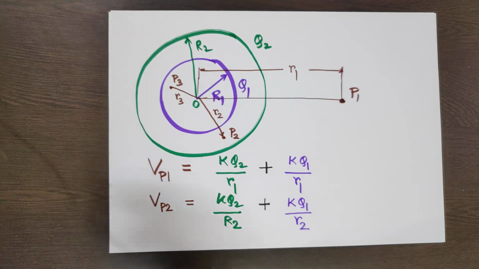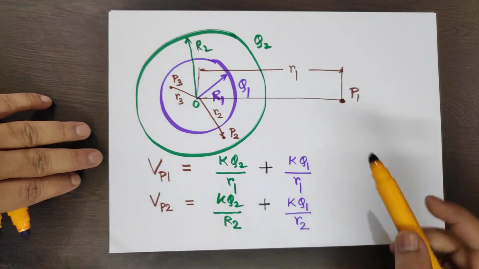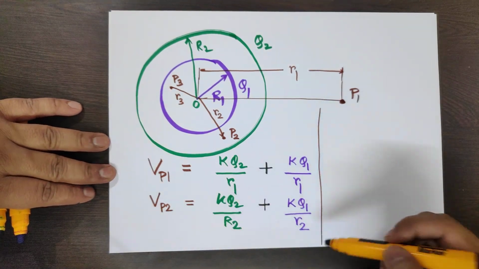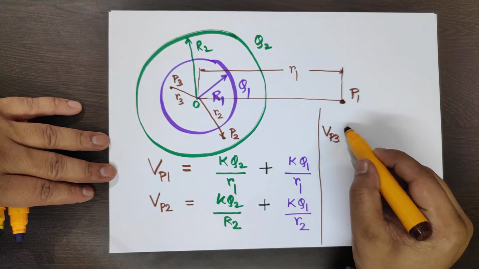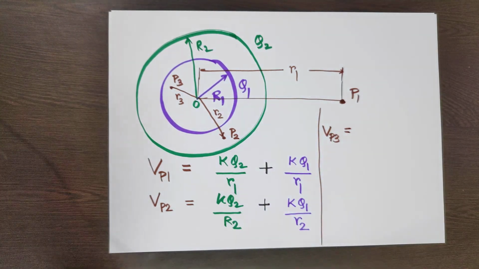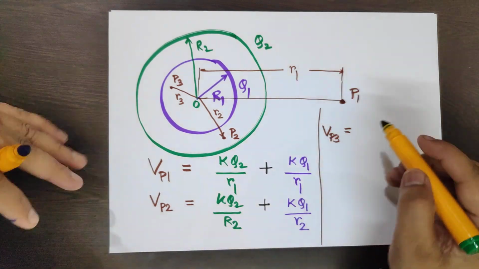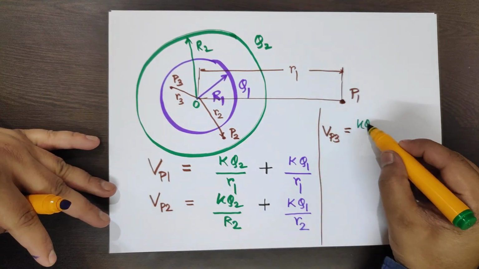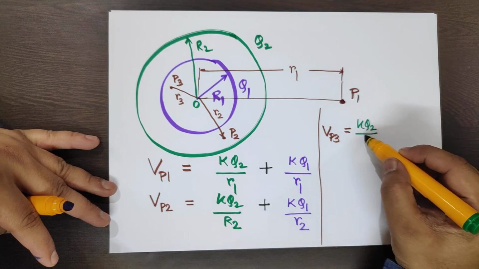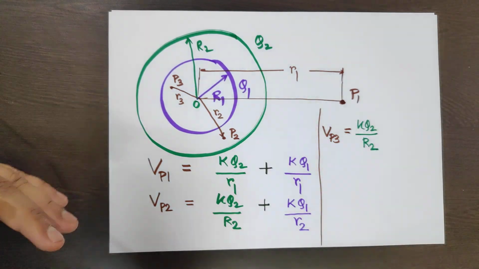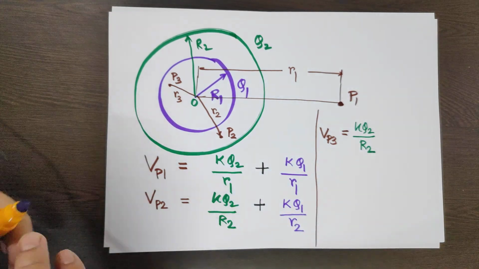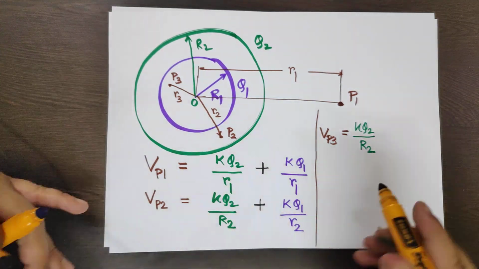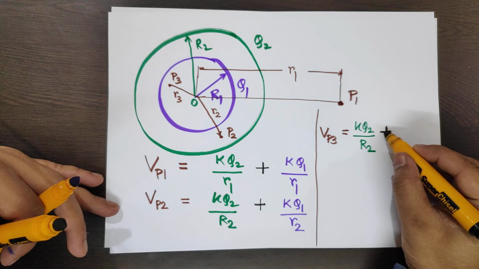Next, this one, try to do it here, P3. Now due to the green shell, it is inside, so kq2 by R2, plus with the black one.